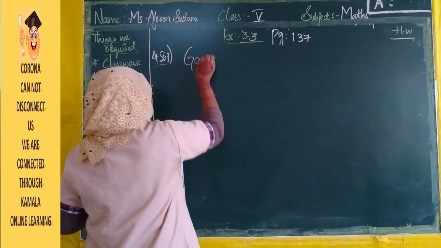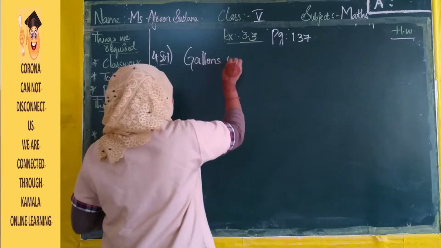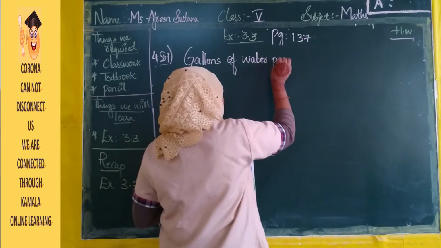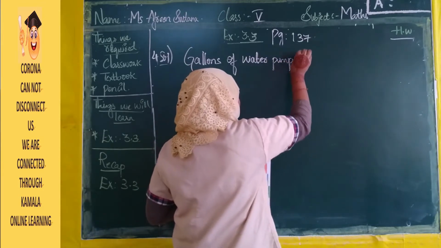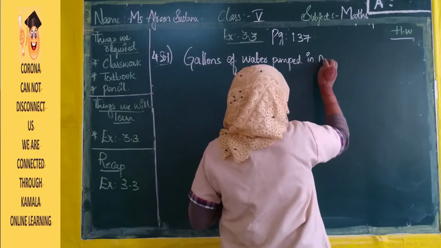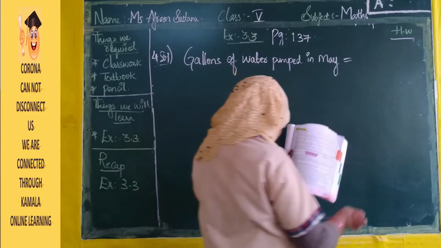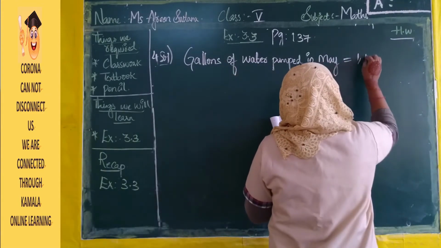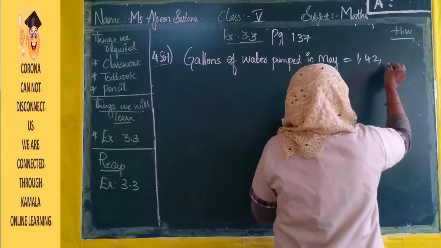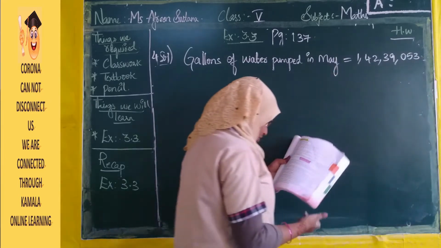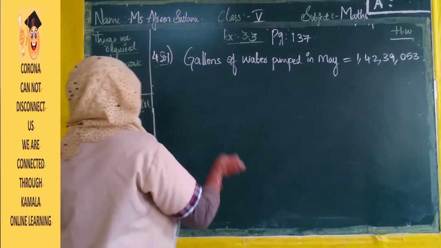So first one is gallons of water pumped in May. How much water has been pumped in the month of May? That is 1,42,39,053 gallons of water has been pumped in May.